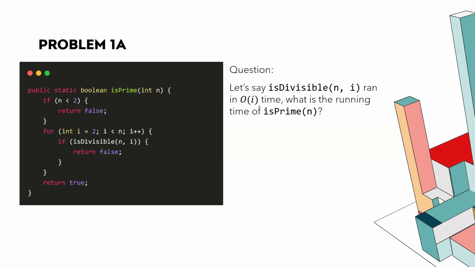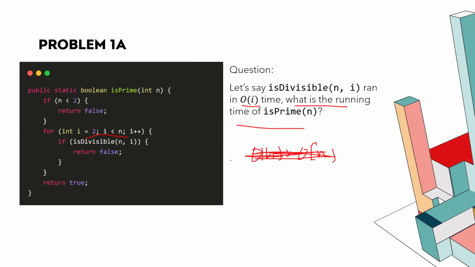Okay, so something slightly more involved would be O(1) time. Assuming that we really do hit all n iterations, what is the running time for is prime? Now I can't just say a loose bound. It is true that a loose bound is O(n) times O(n). There's nothing wrong with this. But we have to be very careful if we want to be a bit more precise and tight with our bound.